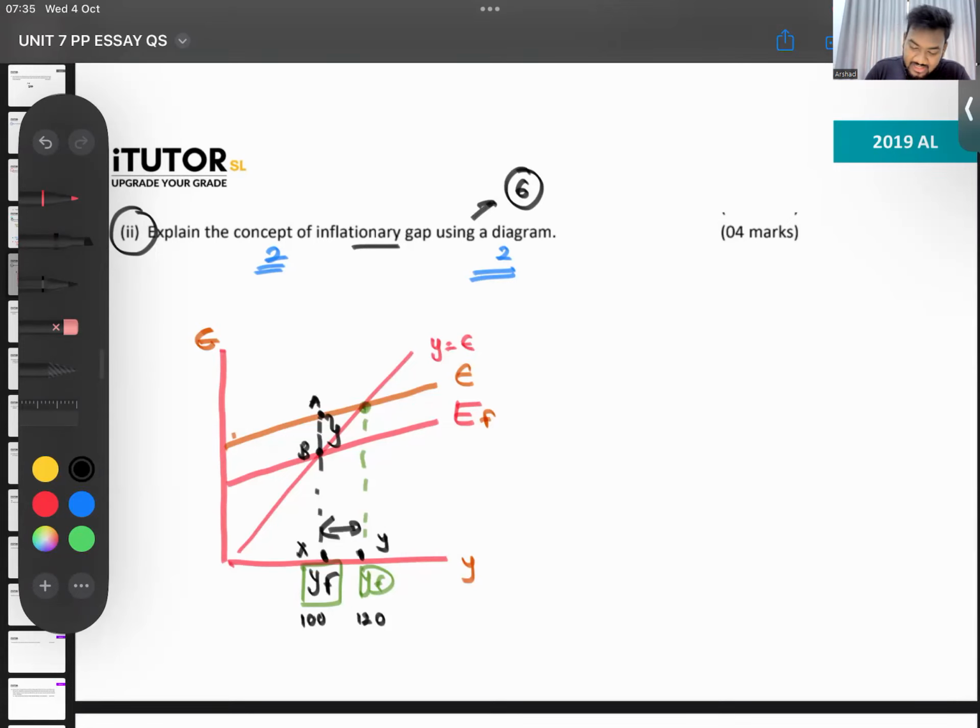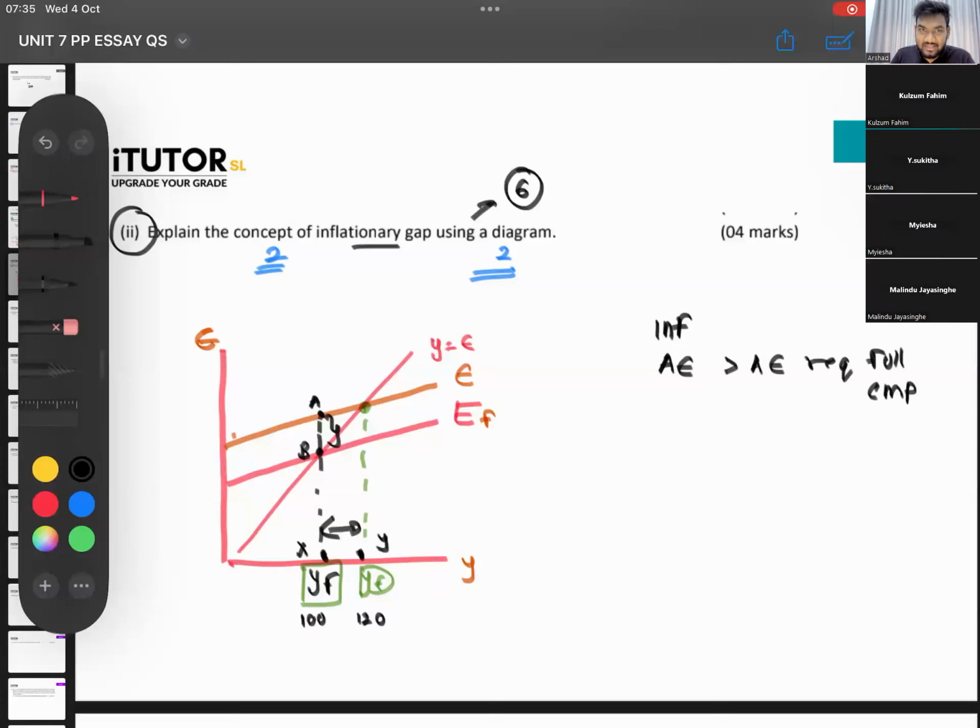So you need to say inflationary gap is where the actual aggregate expenditure is greater than the aggregate expenditure required for full employment. So you can mainly talk about that in your definition. And then the main thing is the diagram, Lamai.